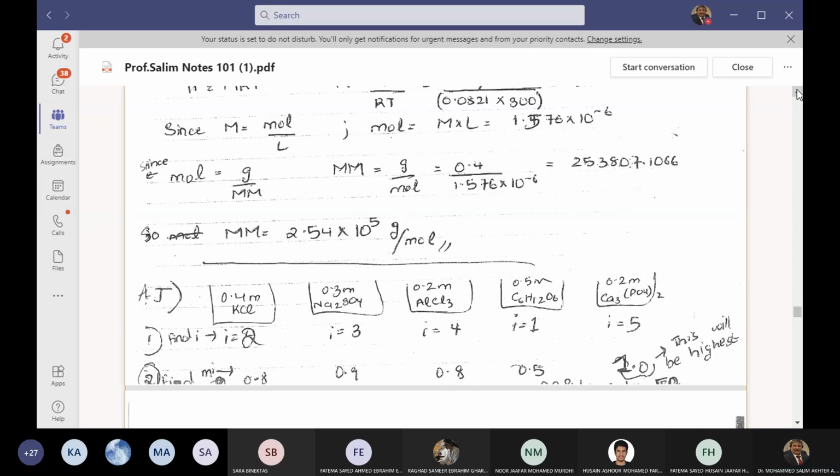How many grams do I have? 31.15. How many grams of solvent, how many grams of water do I have in my question? 725 grams.